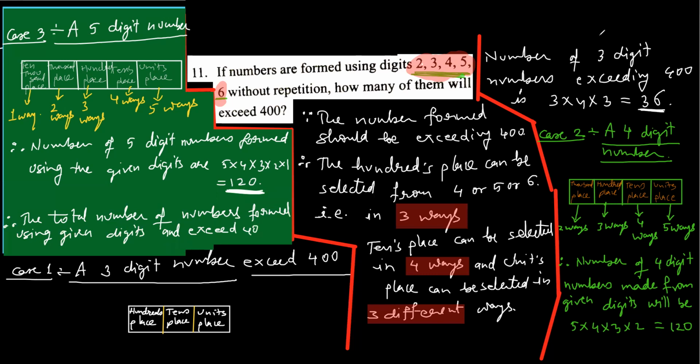You will add them because between them you had or. So it is 36 plus 120 plus 120 plus 120, that is equal to 276. This is the final answer. I hope you followed it. Please do it.